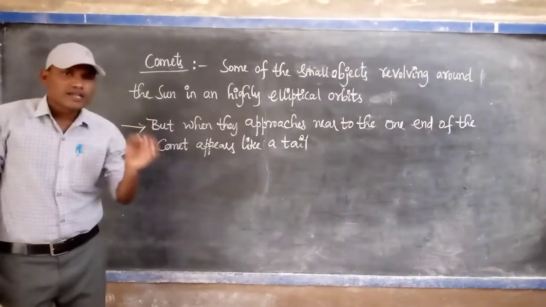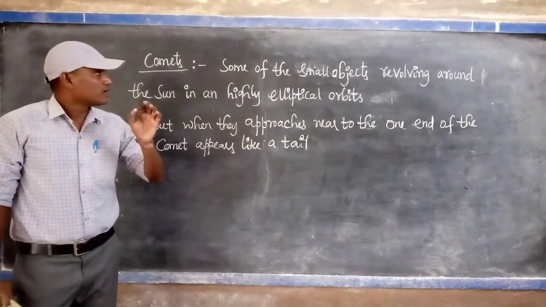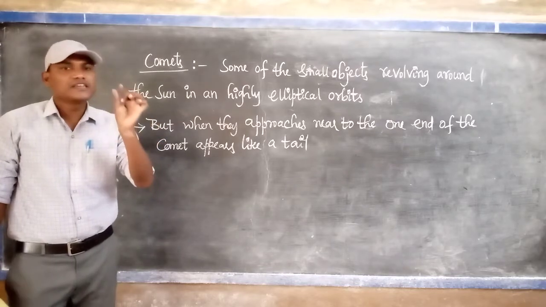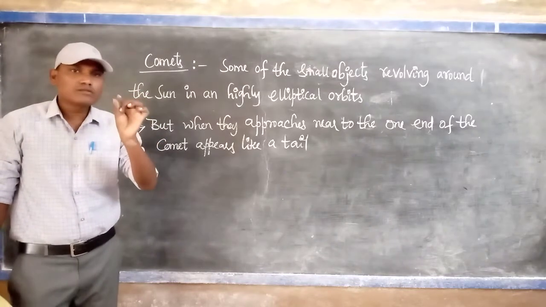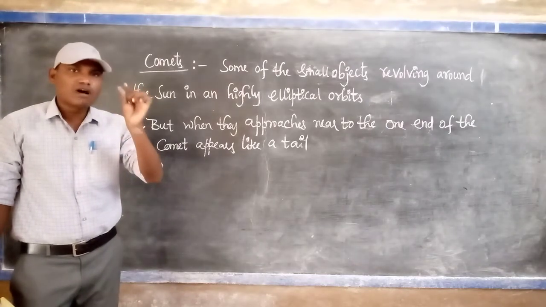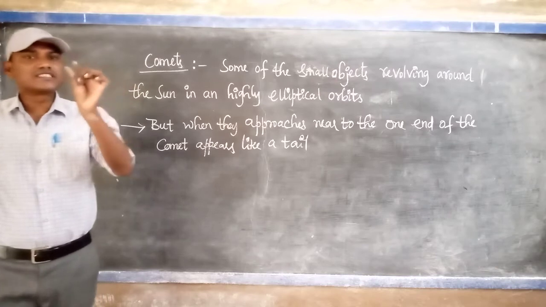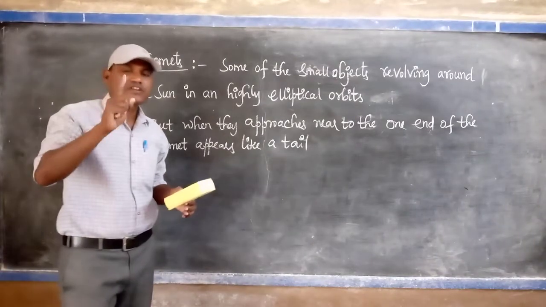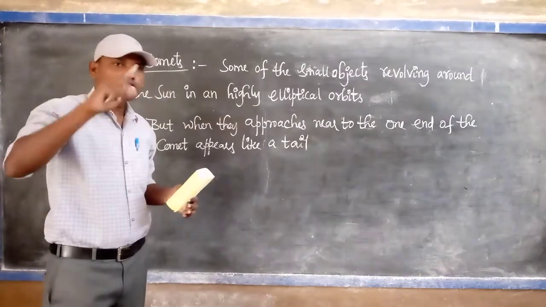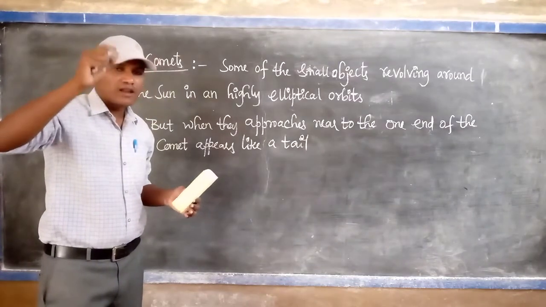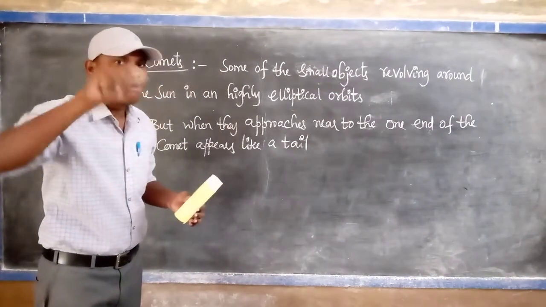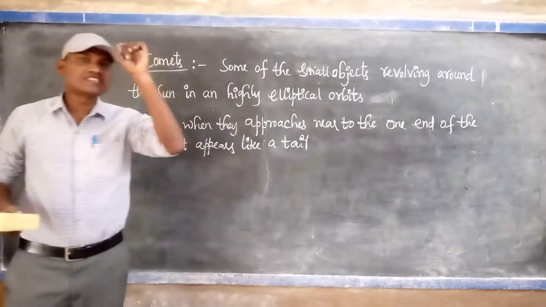Generally, some comets were found by scientists, but mainly scientists found one comet whose time period of revolution is 76 years. It means every 76 years it appears only one time. That is the time taken by Halley's comet to revolve around the sun for one complete revolution: 76 years.